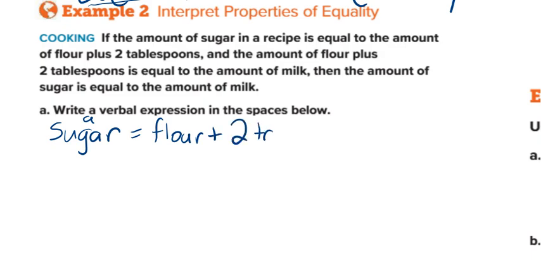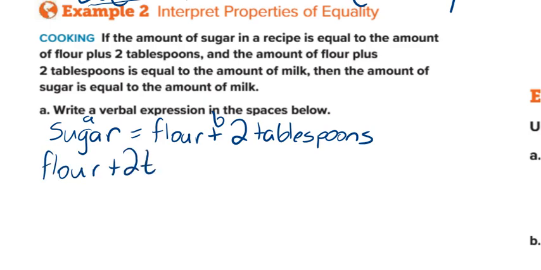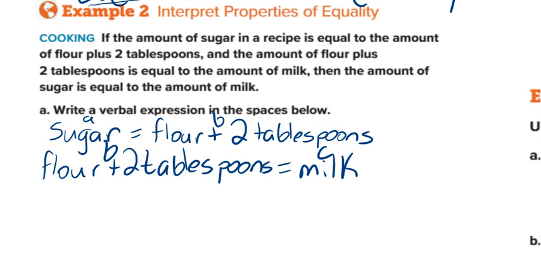equals flour plus 2 tablespoons, which I'll let be B. Then it said the amount of flour plus 2 tablespoons, which I said was B, equals milk.